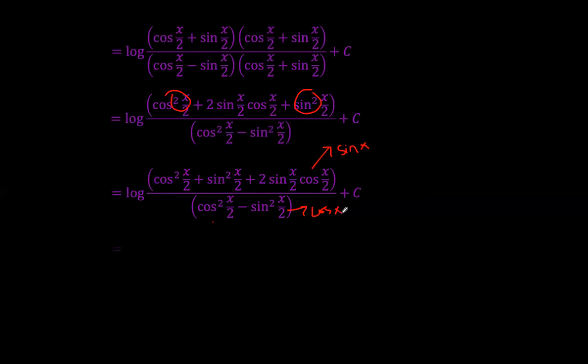So when you simplify things, you get 1 plus sine x over cosine x. And so you divide this numerator's components independently. We get sec x plus tan x, and then the integration constant.